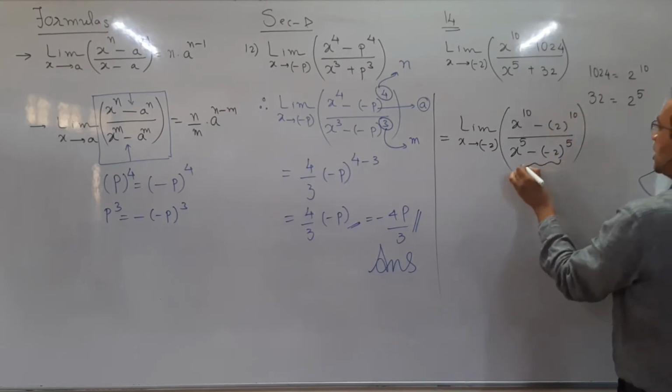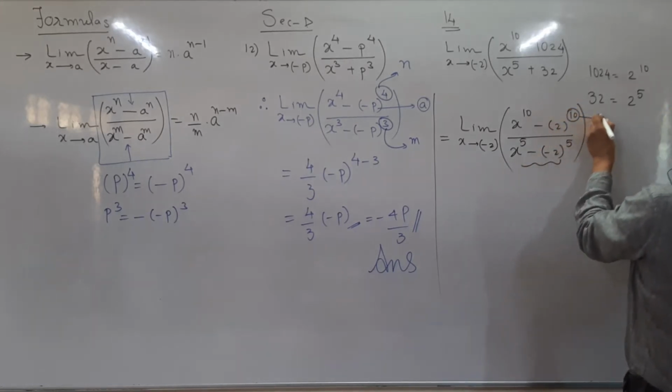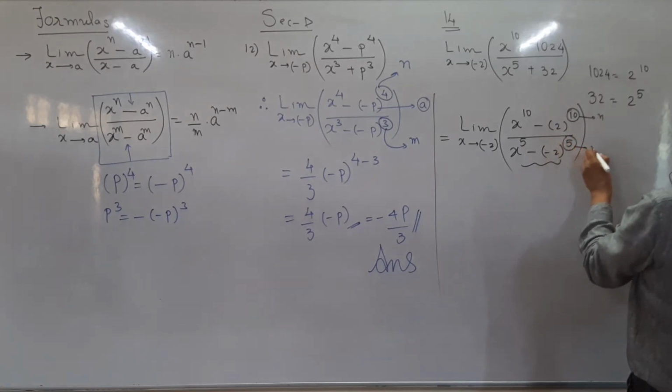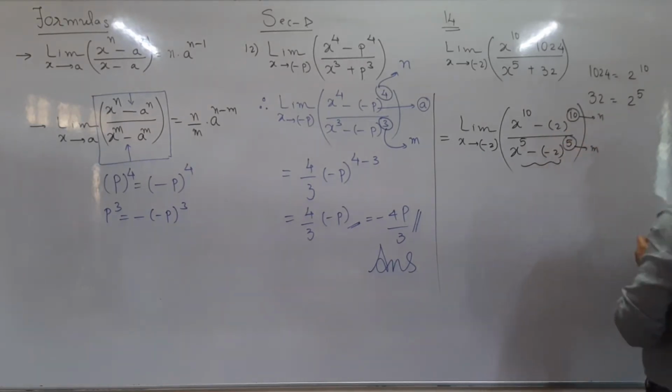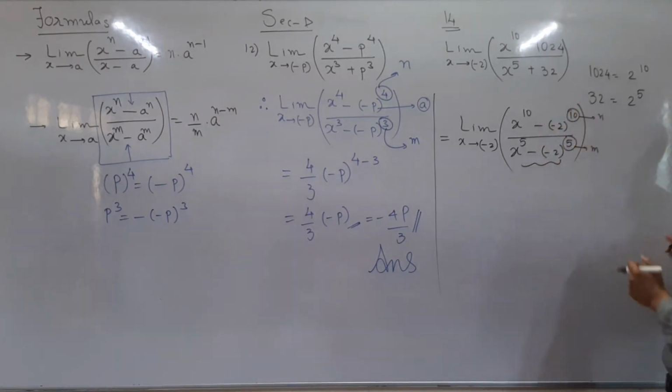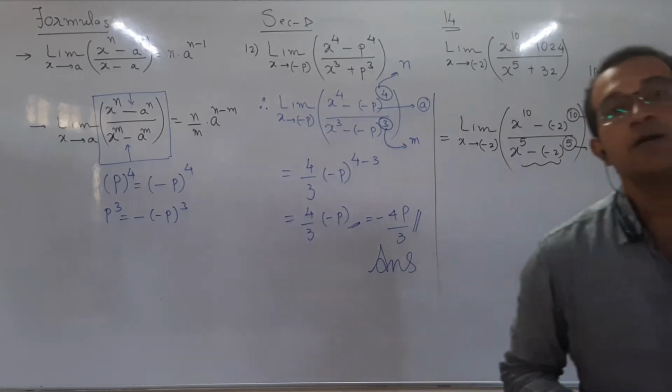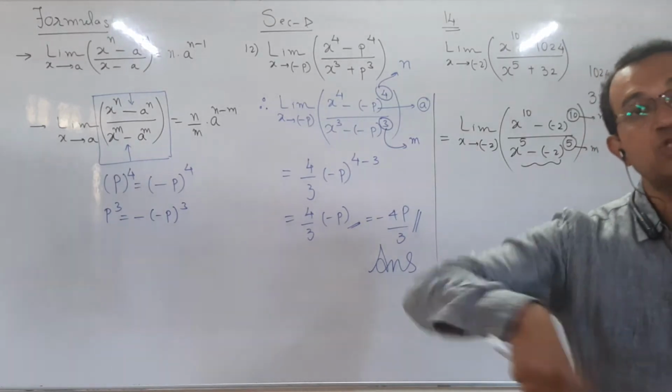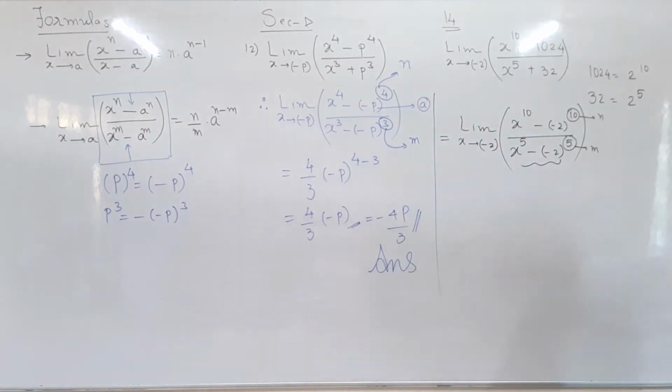So observe this step. This is our n, this is our m, and students, pay attention. Instead of plus 2, I can write minus 2 raised to 10. Then also the answer will remain plus, because minus raised to even power is plus.